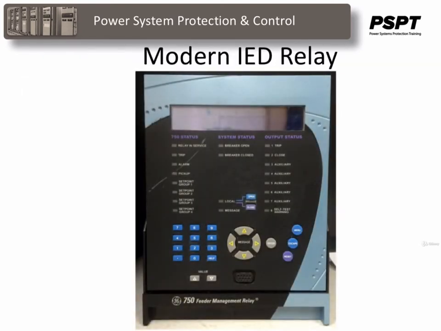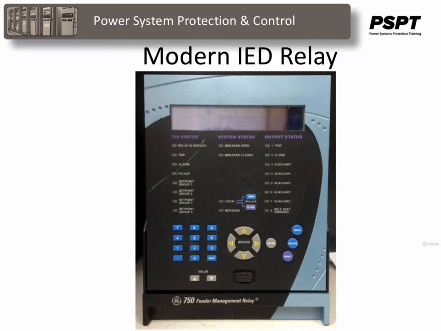That is especially true if you're using the modern IED relay, and the term IED refers to intelligent electrical device. It's not to be confused with the IED bombs that you find in war today. The IED in terms of relays refers to intelligent electrical device.